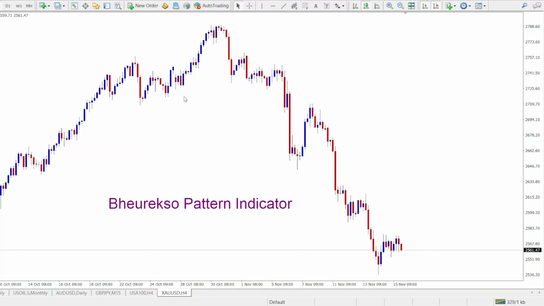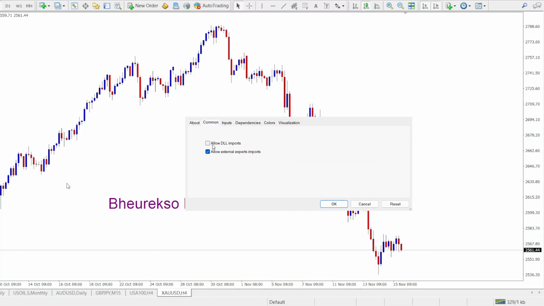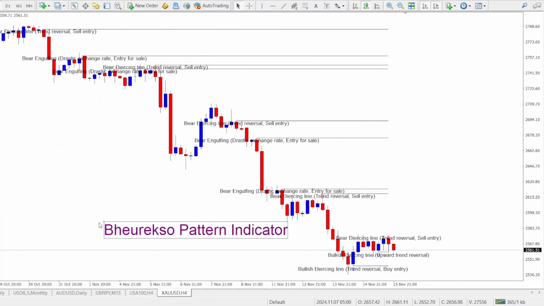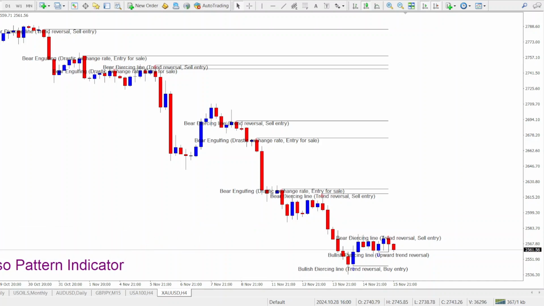This indicator has quite a couple of interesting features. The indicator can really help you to improve your technical analysis, because it automatically recognizes candlestick patterns for you.